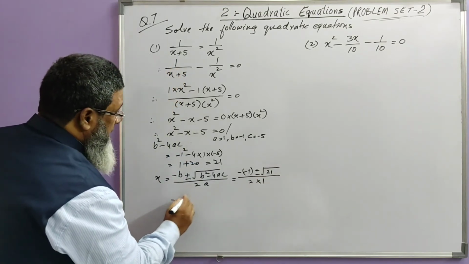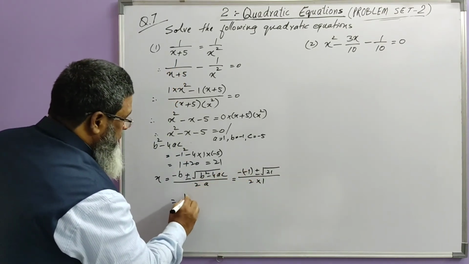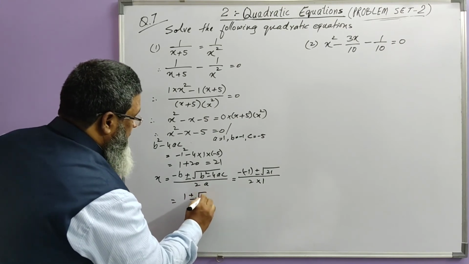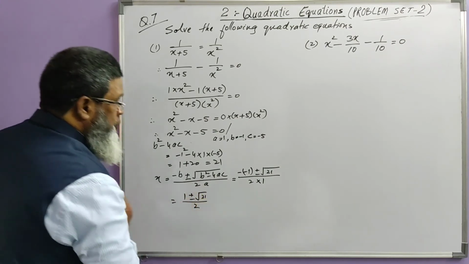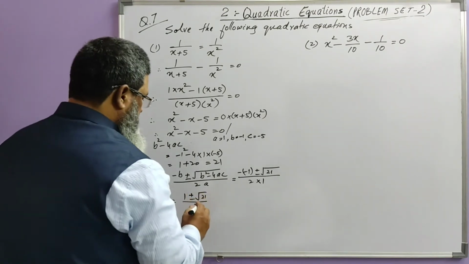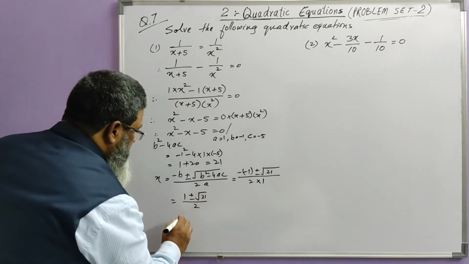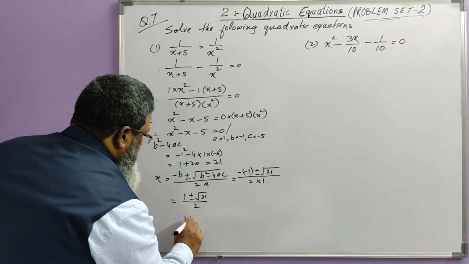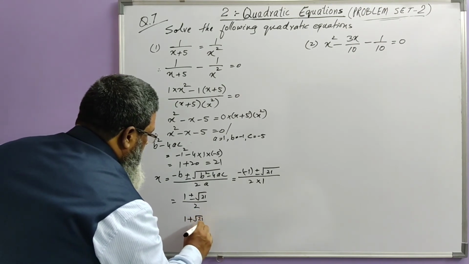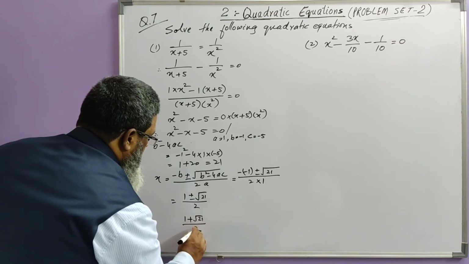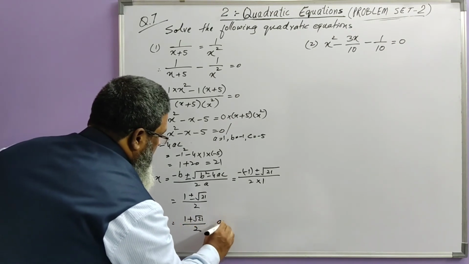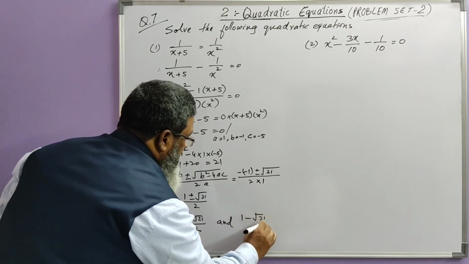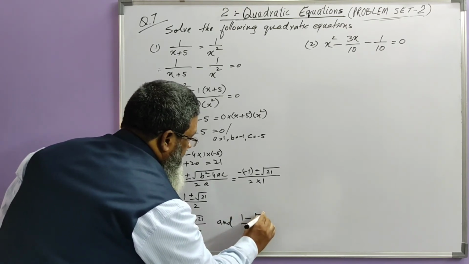So you will get this minus minus becomes plus 1 plus minus root 21 upon 2, and then you will get the roots, that is 1 plus root 21 upon 2 and 1 minus root 21 upon 2.